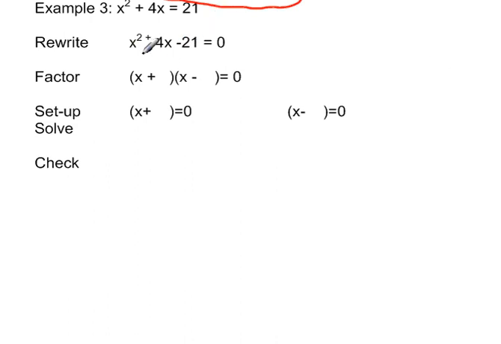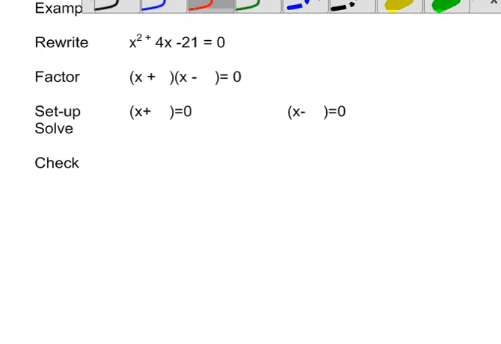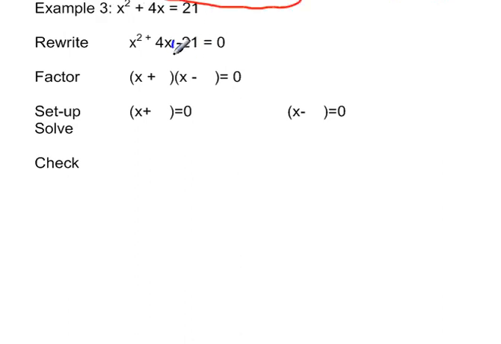We rewrote it. We've got x squared plus 4x minus 21 equals 0. Now, second step after we rewrote it, is that we're going to factor. We know once again that this is a -21 here. Okay, so I can circle that.